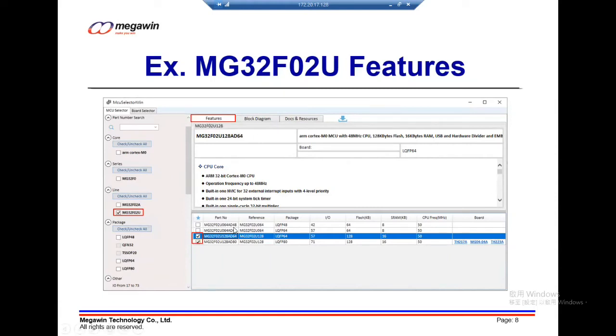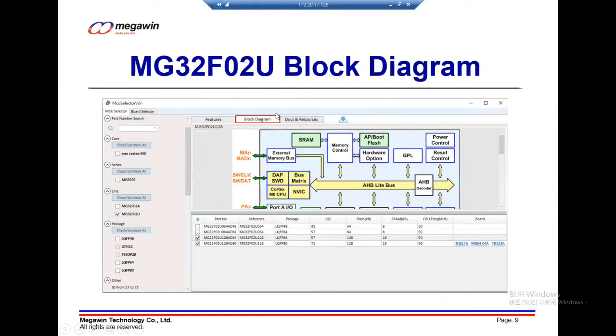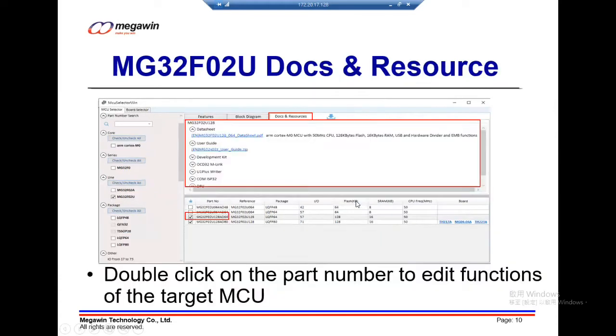If you want to find the detail, you can see the features here, the part number here, and the description here. You can also use the block diagram to check the internal detail modules by the drawing, and you can find some online resources: the data sheet, user guide, and some other documents or tools in this area.